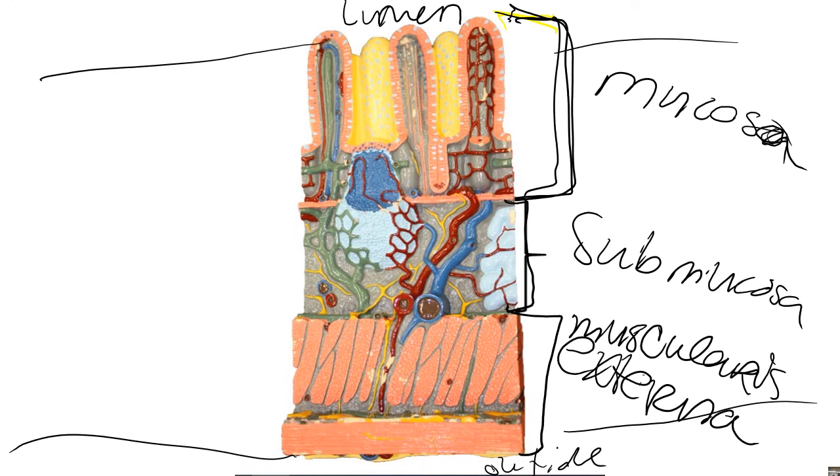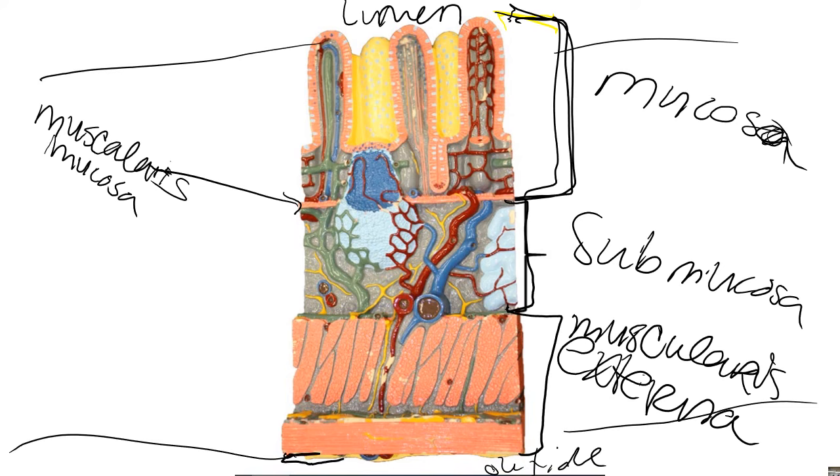That muscularis externa helps me because there's this muscular layer here as well, which is the muscularis mucosa. Muscularis mucosa is by the mucosal layer, muscularis externa is the external layer. And then you can barely see it on here, but there's this tiny outer layer right here. You can just see the very edge of it. And that's the serosa.